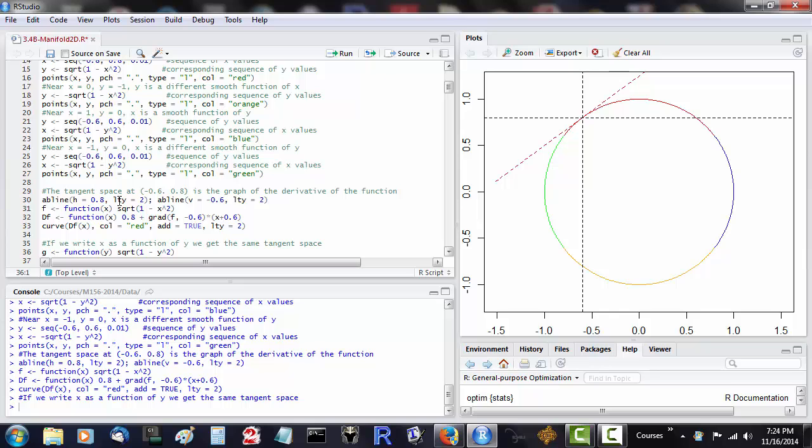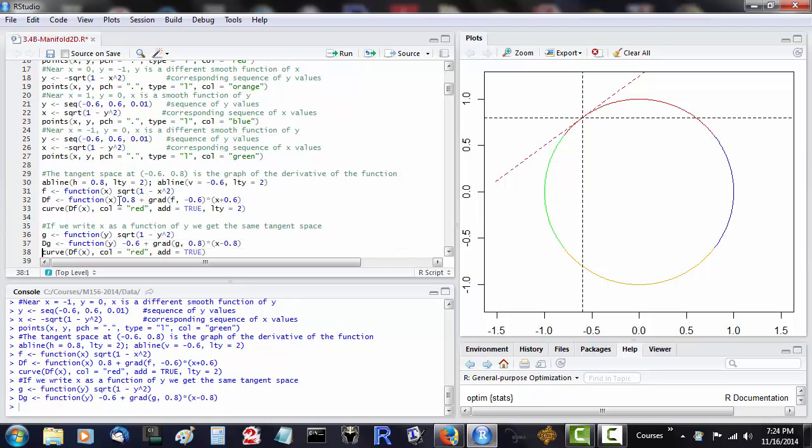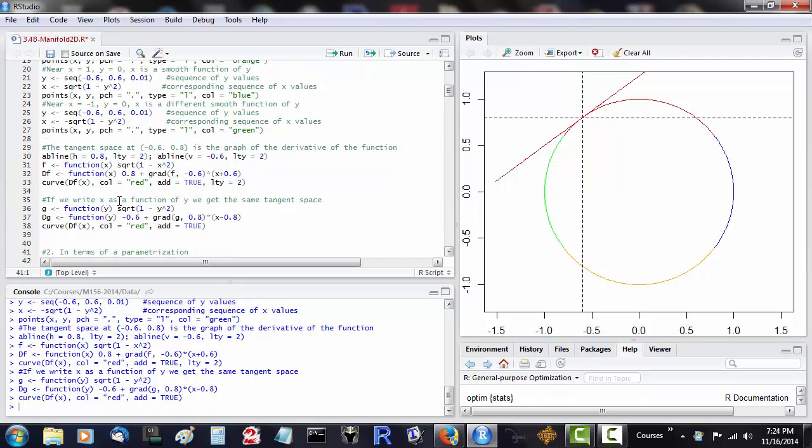But near this particular point, I can also describe the manifold by specifying x as a function of y. I do exactly the same thing. I graph the tangent line. Watch carefully. I didn't set the line type equal to 2. I get exactly the same tangent line, the same tangent space as before.